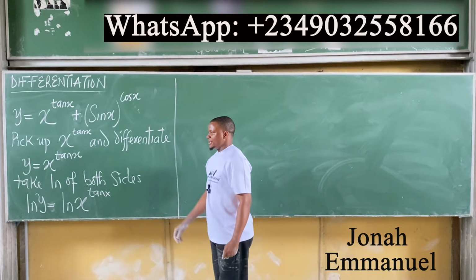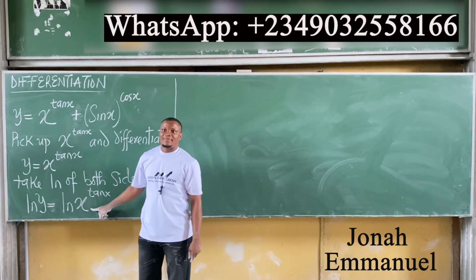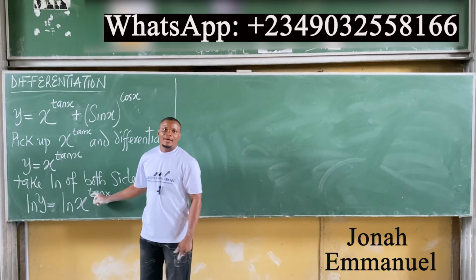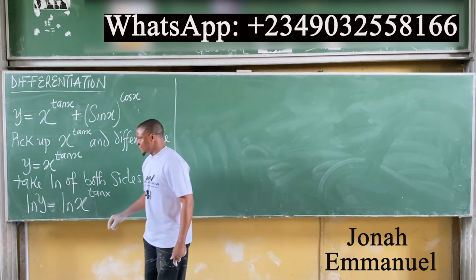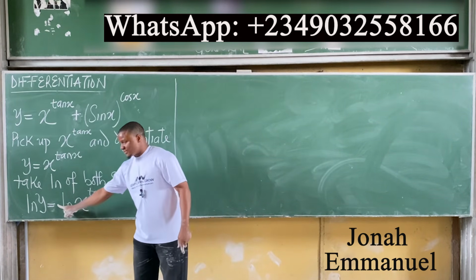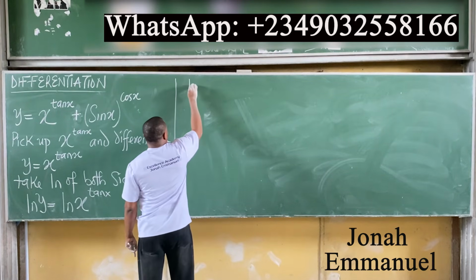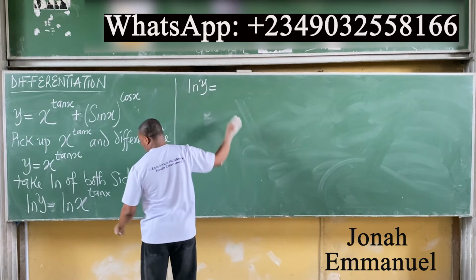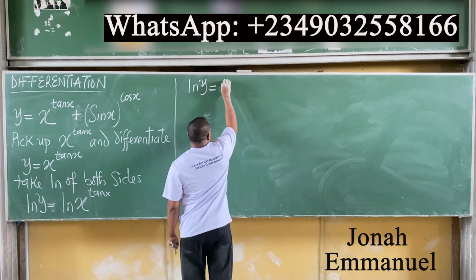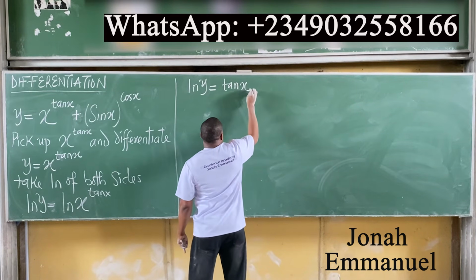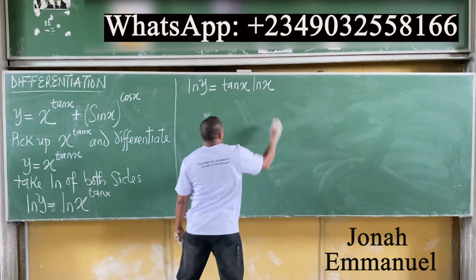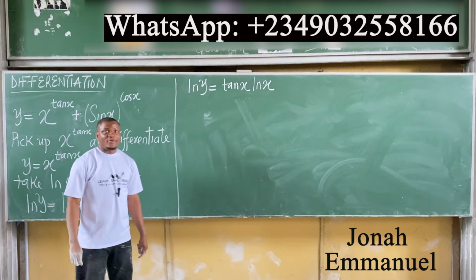At this point, if I take ln of a term, what happens to the power? It comes down, right? If I take ln of any term, the power comes down here. So I'll have this as what there? This gives you ln y is equal to, power comes down here, tan x times ln x.